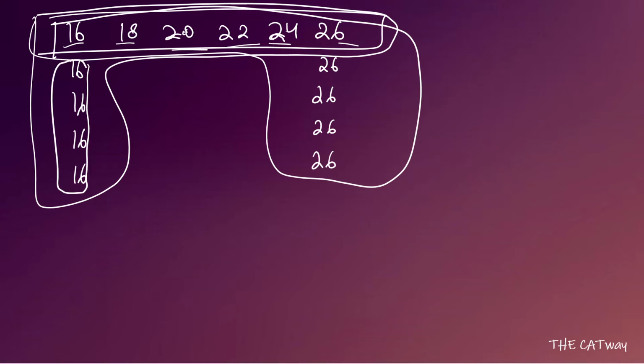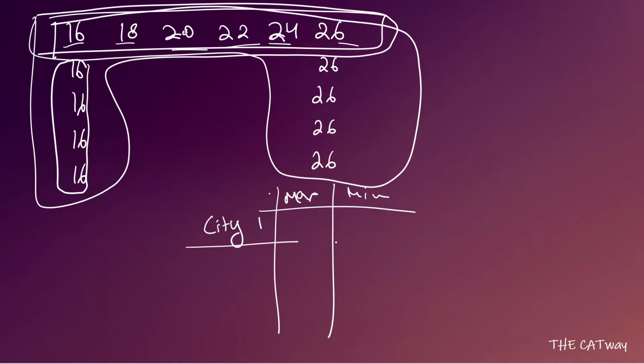Total comes out to be 190. So for city 1, max and min: minimum comes out to be 190, which means the average will come out to be 19. Whereas for maximum, in 126 we will add 26 4 times. We will get 230. That means the maximum will come out to be 23.